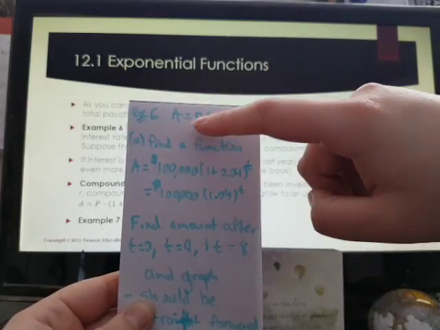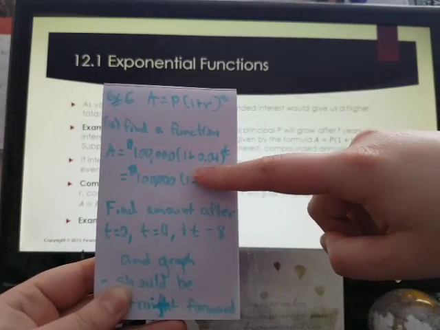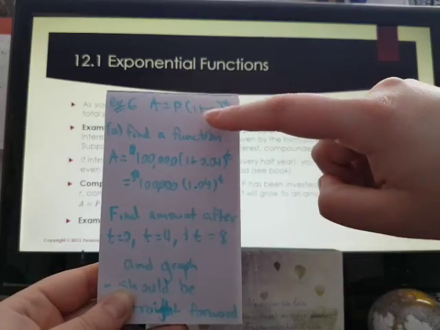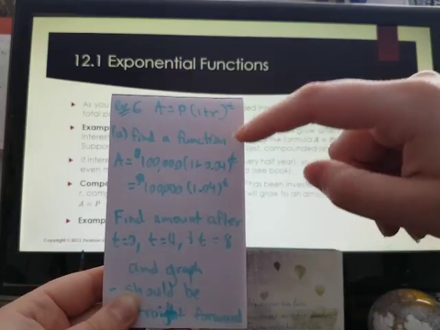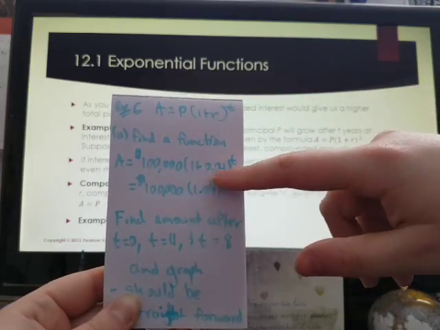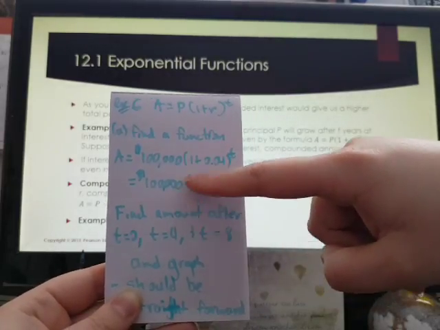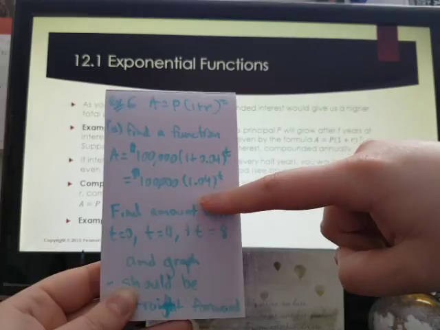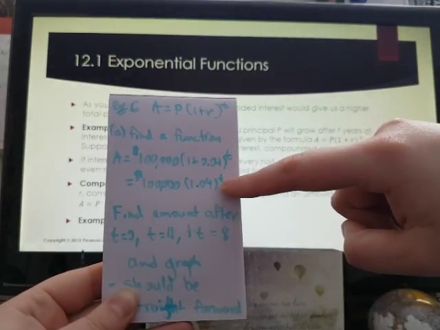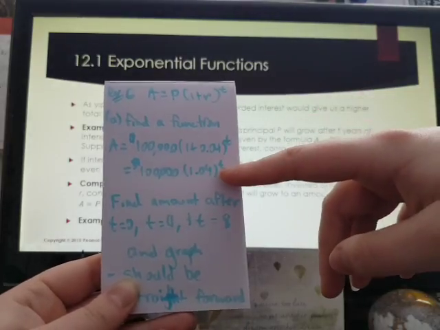So instead of P, you have 100,000 here, and you plug in for your R value. We know our interest rate is 4%, which is written as 0.04. So basically the function that you end up getting is 100,000 times 1.04 to the T.